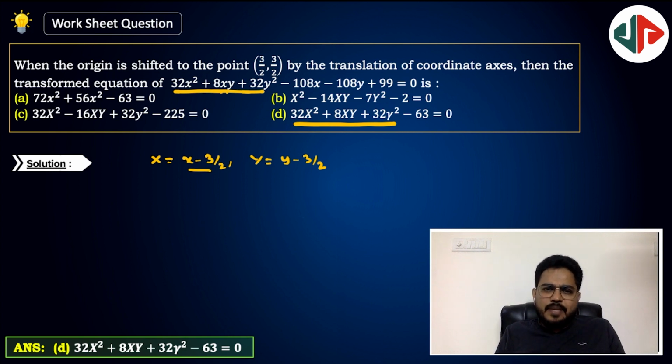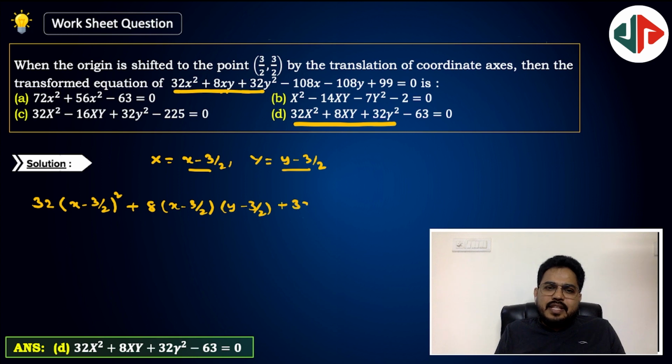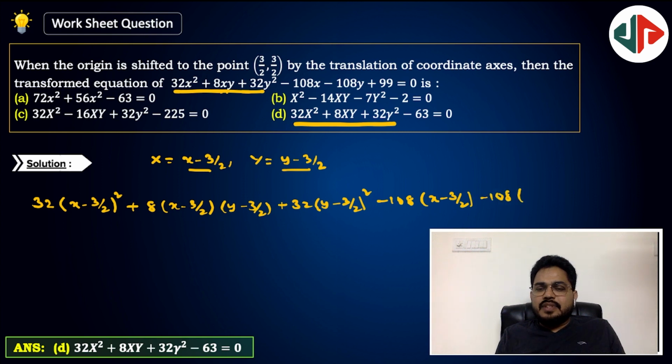Now you replace everything. This is 32 times of x minus 3 by 2 whole square plus 8 times of x minus 3 by 2 into y minus 3 by 2 plus 32 times of y minus 3 by 2 whole square minus 108 into x minus 3 by 2 minus 10 times of y minus 3 by 2 plus 99 is equal to 0.